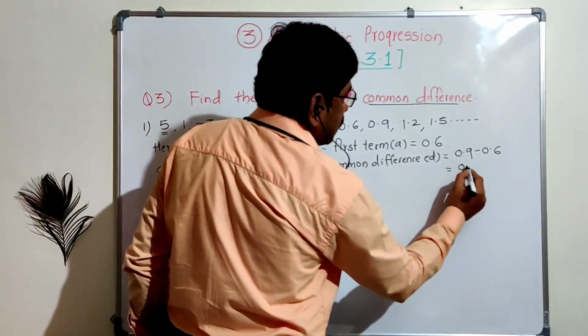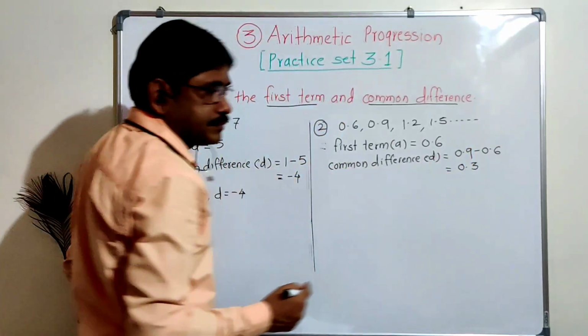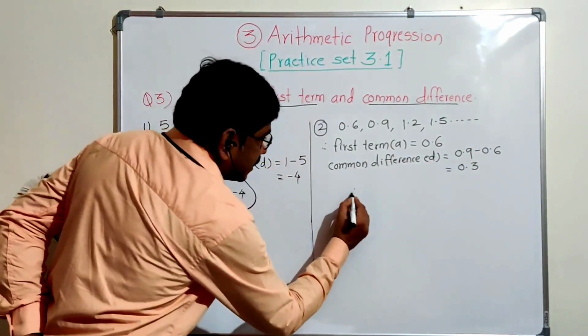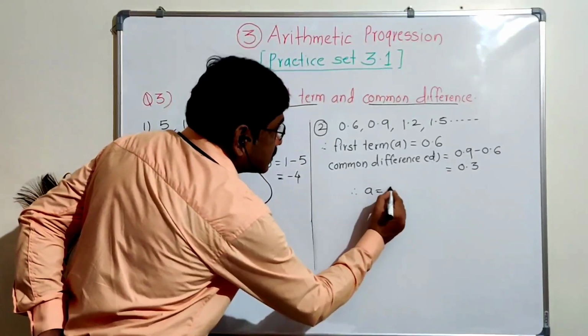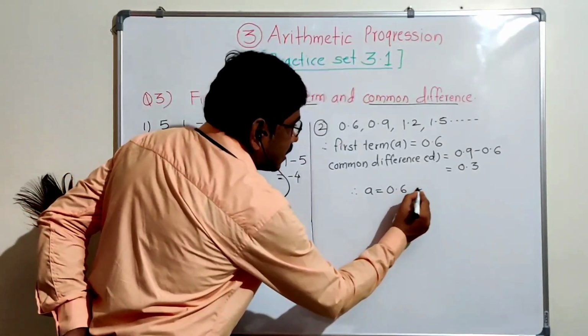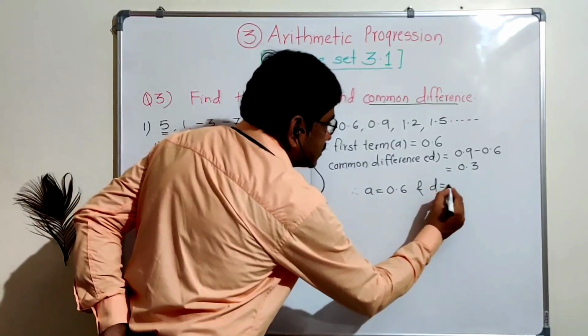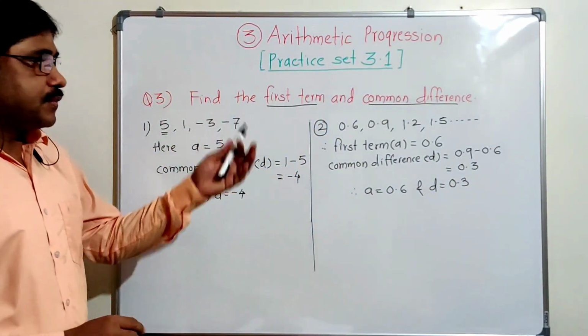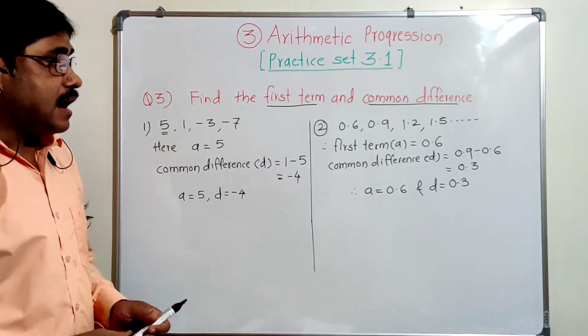So we get 0.3. 9 minus 6 is 3. Therefore A is equal to 0.6 and D is equal to 0.3. So in this way we get the answer, A and D.